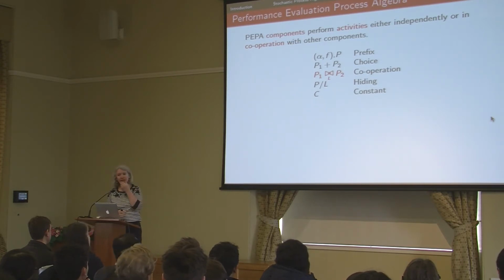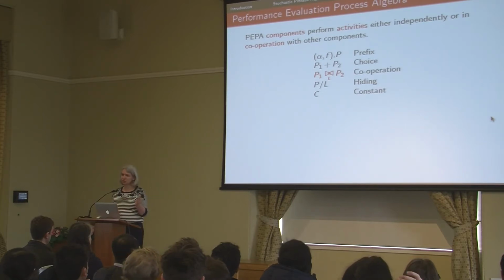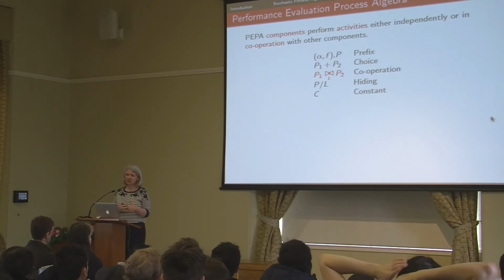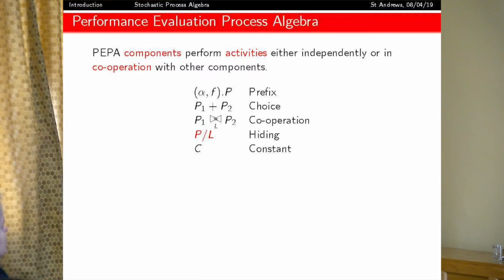It's actually a family of operators because it depends on that set L. And what L says is these processes are constrained to work together on all actions that fall in the set L. Anything else, they can work independently. They're just in parallel. But like we saw with task 1, they must do that together. If one of them's not ready, the other just has to wait. That's what we call cooperation.